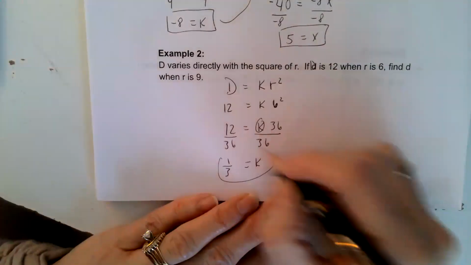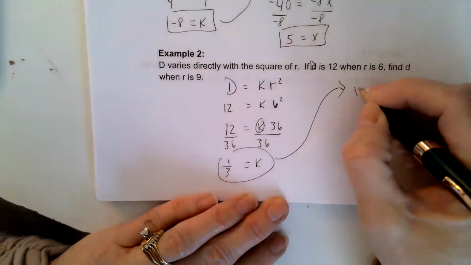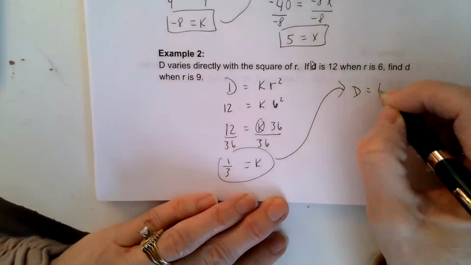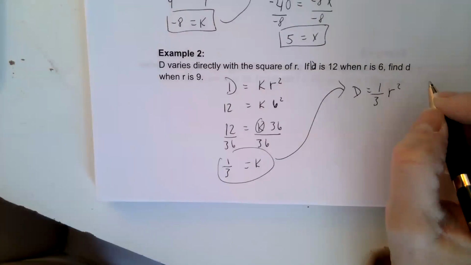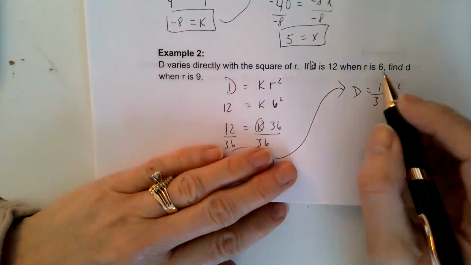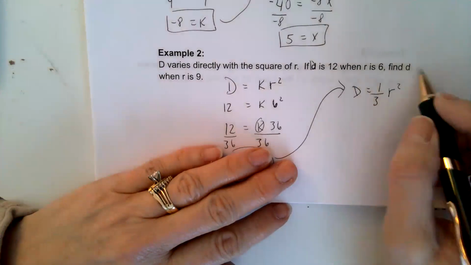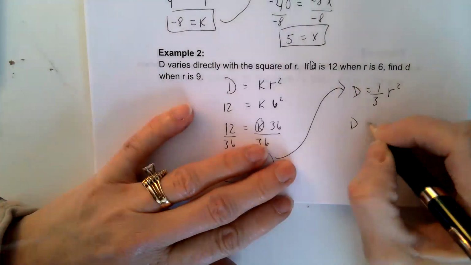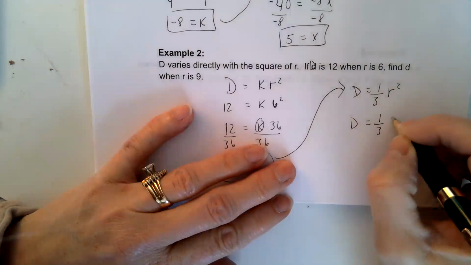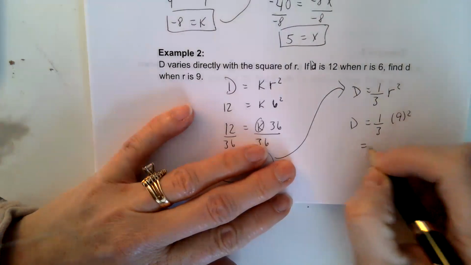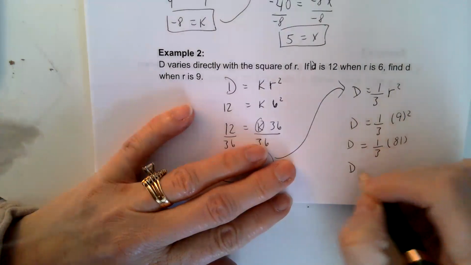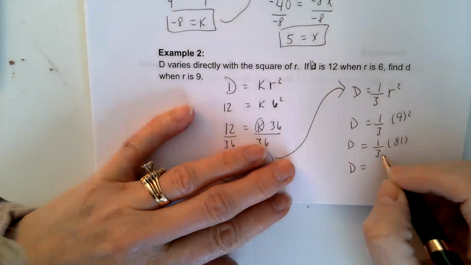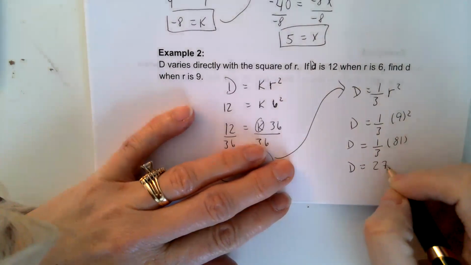It's a fraction this time. So now that we know what K is, we know our equation is D is 1/3 R squared. And that says find D when R is 9. So D is 1/3 times 9 squared. So 1/3 times 81, D is equal to 27.